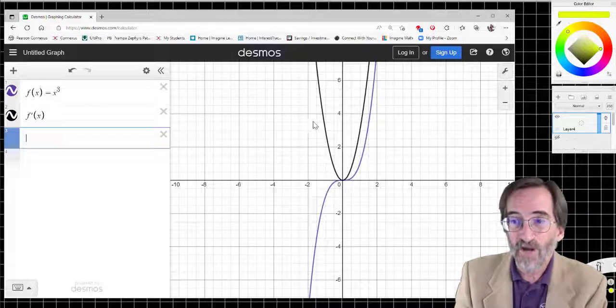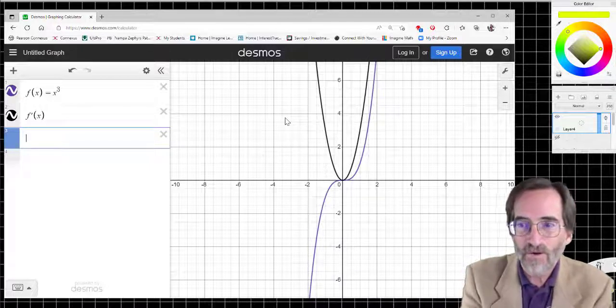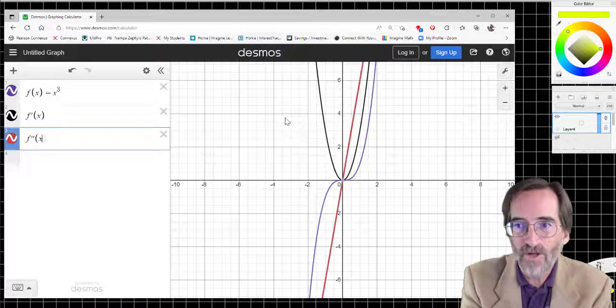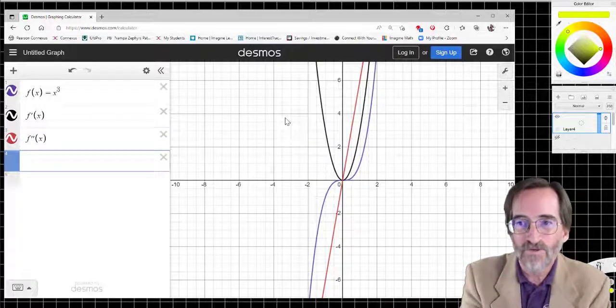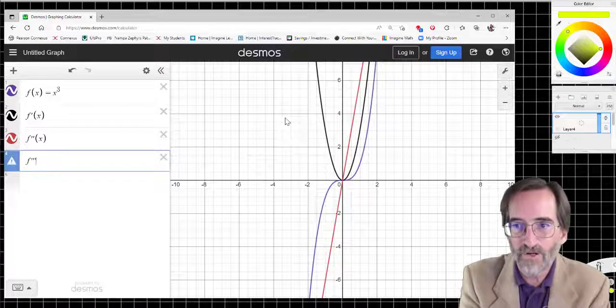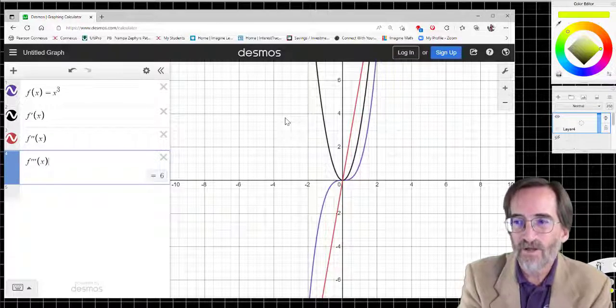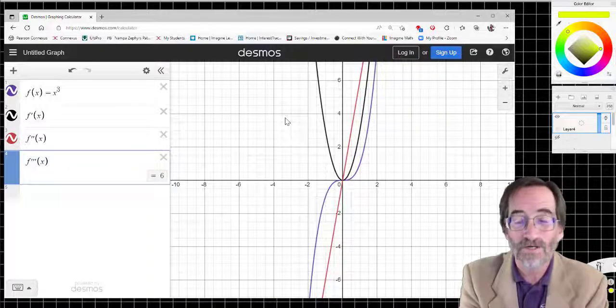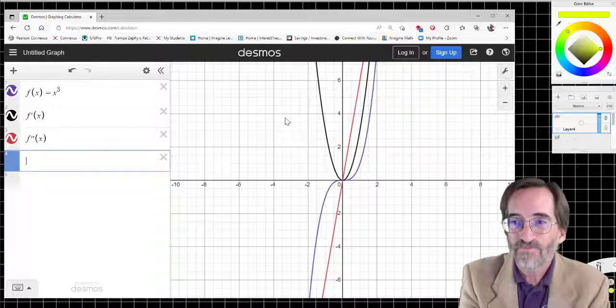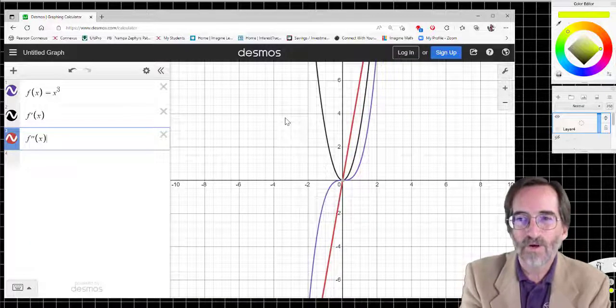And it makes a parabola, right? I wonder if it'll do f double prime of x. Yes, it will. It'll do the second derivative. It'll also do the third derivative, f prime prime prime of x. And that actually equals 6 because the derivative of a linear function is a constant. All right, so that's one way to do derivatives.